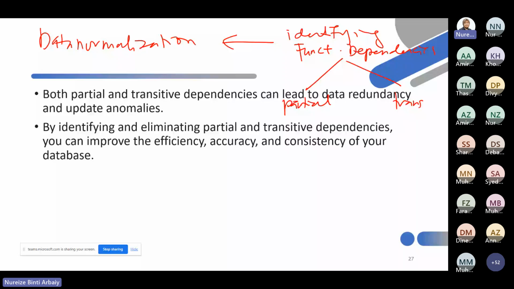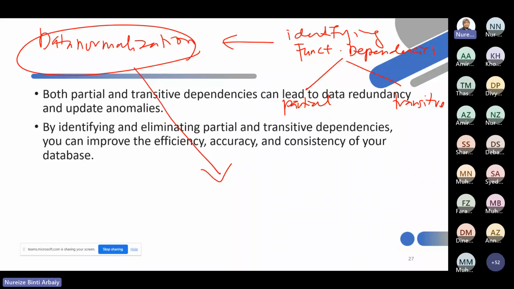So in the process of data normalization, we do need to identify this partial and transitive dependency, because we know on data normalization we need to what? Reorganize the database structure by creating a new table, by separating tables and so on.